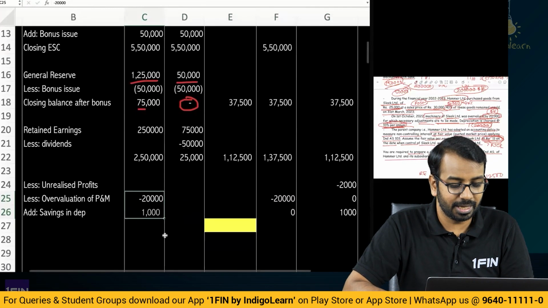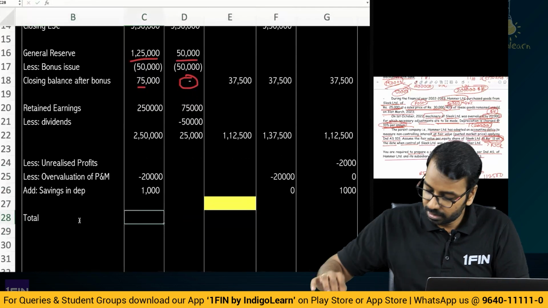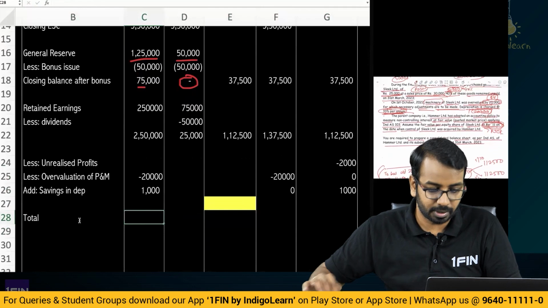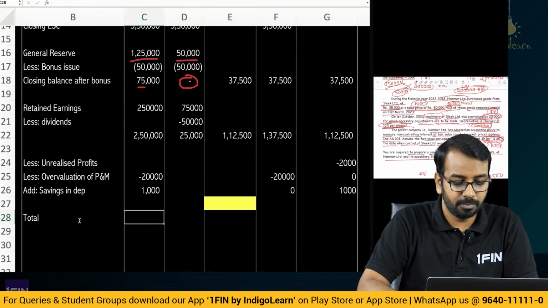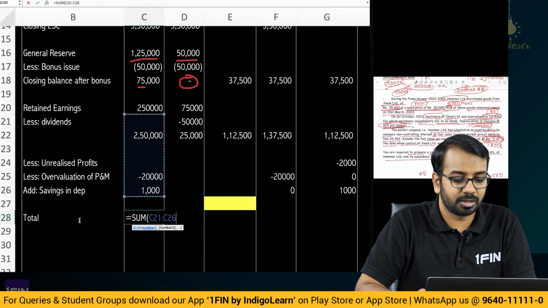Okay. So with this, we will get to know, are there any other adjustments? No other adjustments for identifiable net assets. So the total, this on date of consolidation doesn't make a difference.